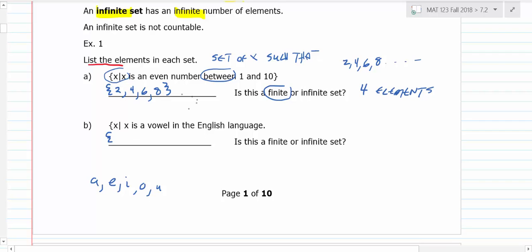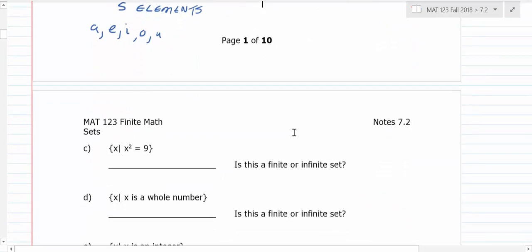So those are considered the vowels of the English language. So we use the set brace. Got that? So how many elements? There's 5 elements. Since we can count how many elements there is, we're going to call that a finite set. All right. So that'll take care of that then. All right, let's go to the next page.